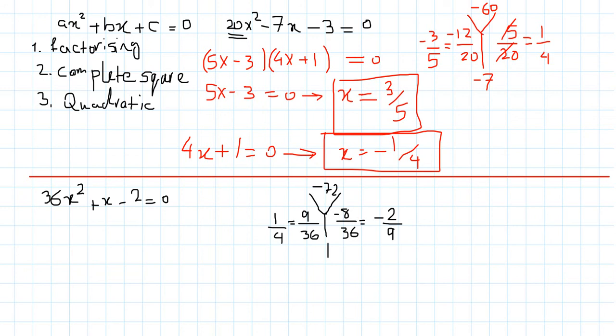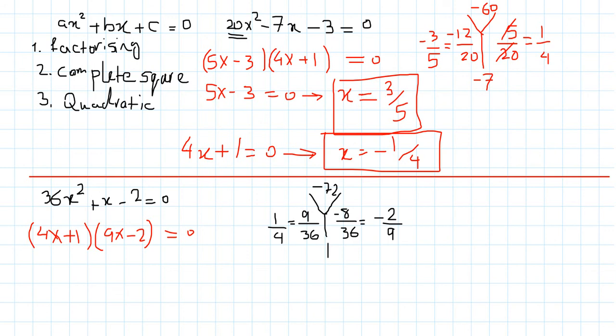So let's try to draw my two brackets equal 0. One of them is 4x plus 1, and another is 9x minus 2 equals 0.